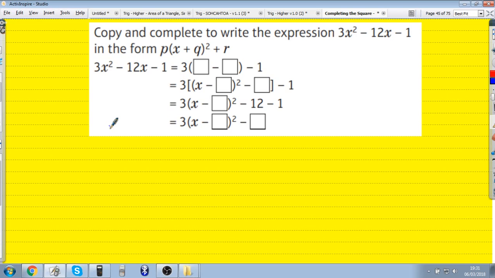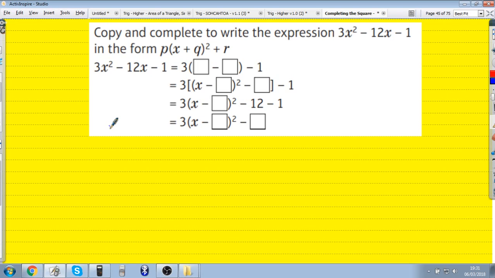So 3x² − 12x − 1. If we have 3 outside the bracket, that's 3(x² − 4x − a third). You only need to factorize for the first two terms. Oh, right. Minus 1 there, okay.